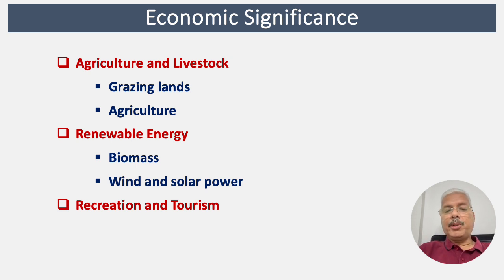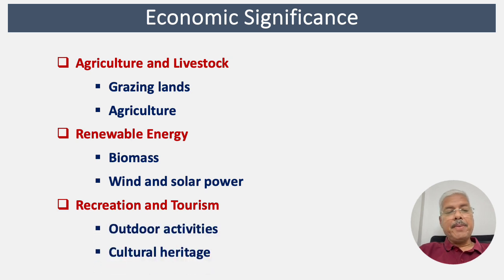Grasslands offer opportunities for outdoor recreation such as hiking, camping, and wildlife viewing, attracting tourists and generating revenue for local economies. Grasslands often have deep cultural and historical significance, attracting visitors interested in learning about local traditions and history.